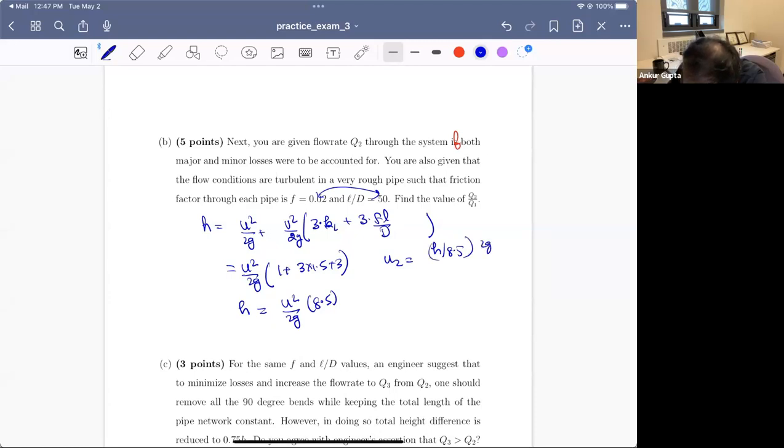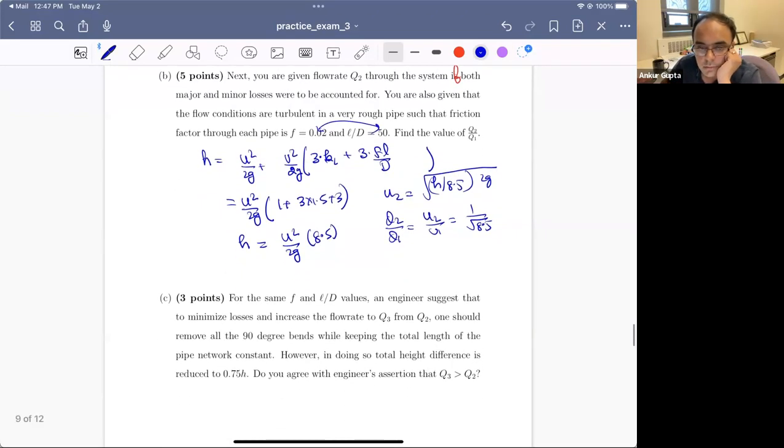So Q2 by Q1 really is simply U2 by U1 because the size of the pipe is the same. So you just get 1 by square root of 8.5, approximately 1 by 3, something like that.